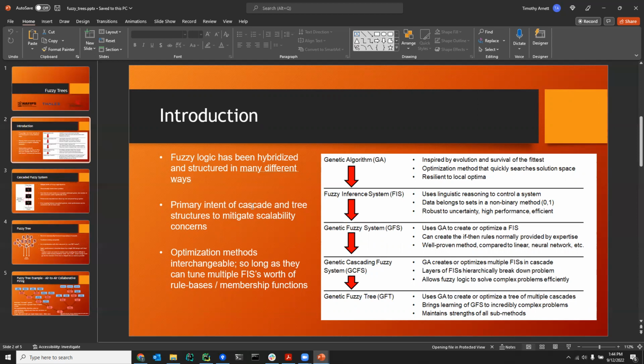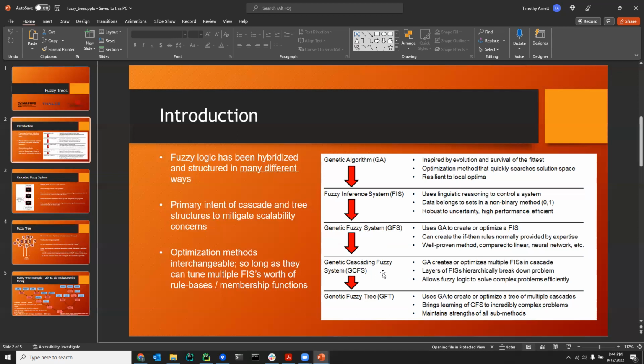So we're going to hear more about this next week, but when we look at the progression of genetic algorithms and fuzzy inference systems being used together, genetic algorithms were first used to optimize other problems, and fuzzy inference systems were used as approximators. They were then combined to allow genetic algorithms to tune the parameters of fuzzy inference systems to create genetic fuzzy systems. Then after that, genetic cascaded fuzzy systems were introduced.